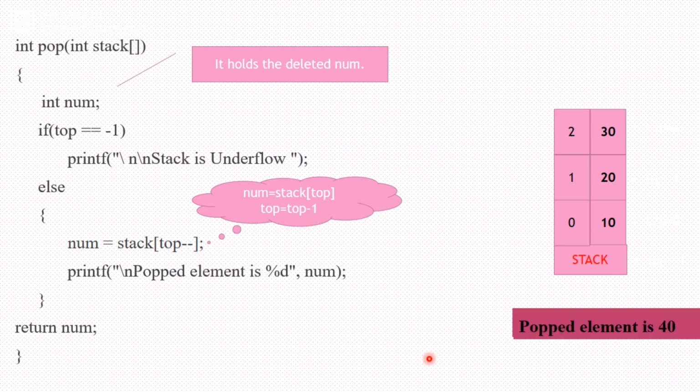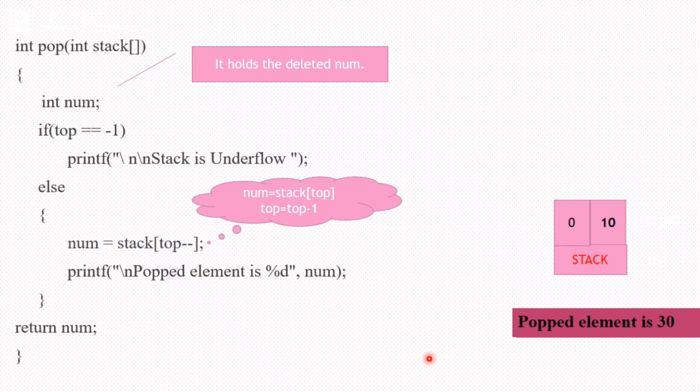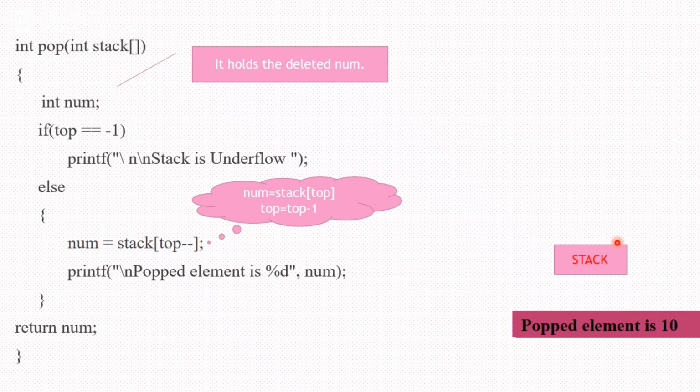Next top becomes 2, I will delete 30 this time. Then top becomes 1, 20. Top becomes 0. Popped element was 20. Now if I again apply the pop function, the popped element will be 10.